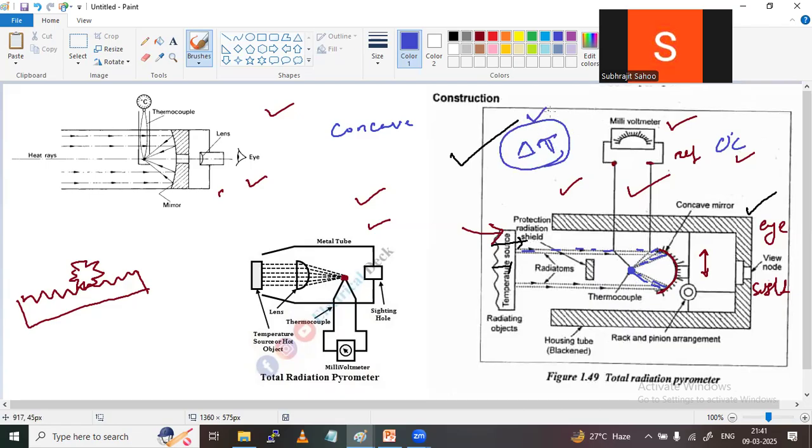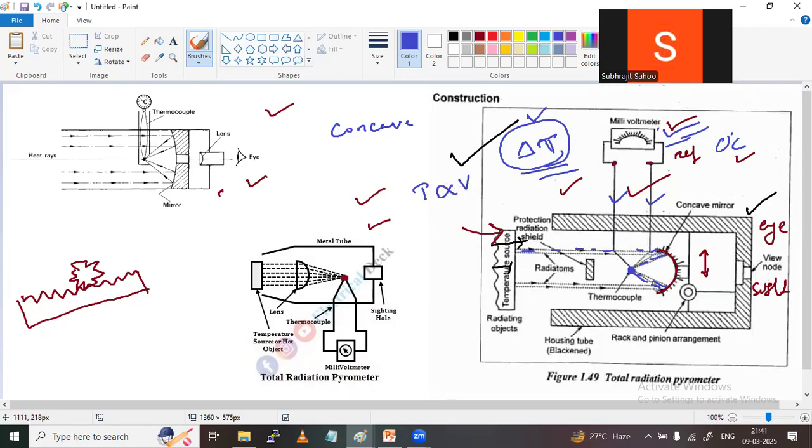Due to the temperature difference, as per the properties of these two materials, voltage is automatically developed in the circuit, and we can measure how much voltage is developed with this voltmeter. Once the temperature rises, the voltage also rises, so temperature and voltage are directly proportional.